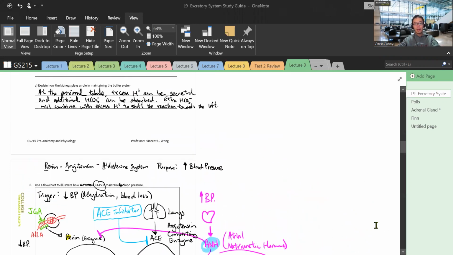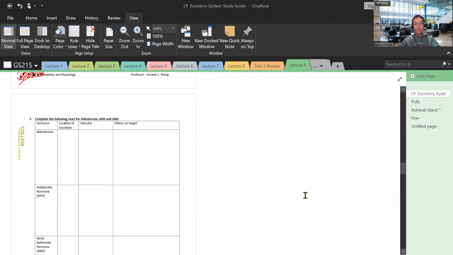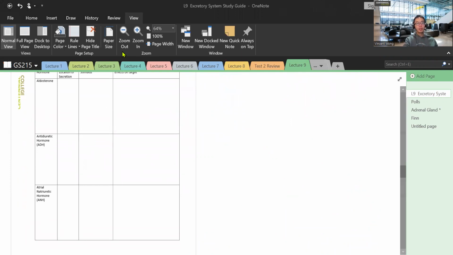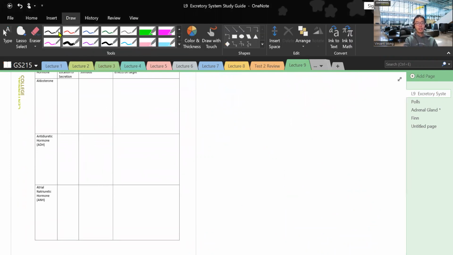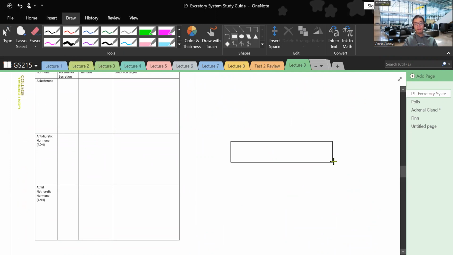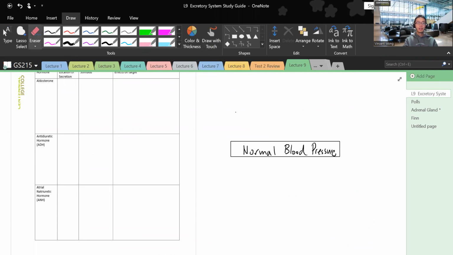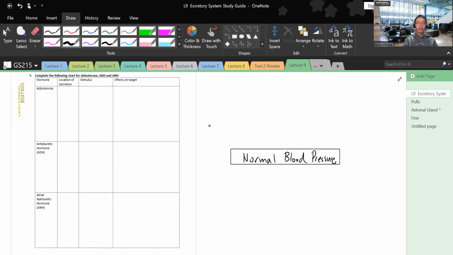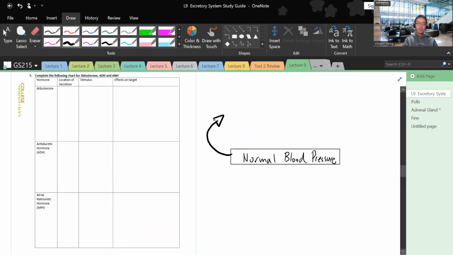Now I do want to write something else here to help you see the relationship of what's going on, right? So in the center here we have normal blood pressure. All right, so help me out here, please.